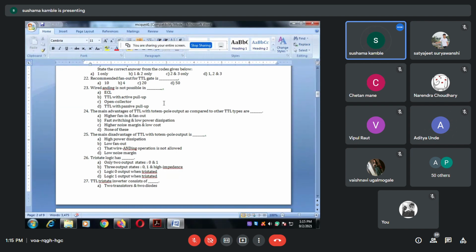Wire ending is only possible in case of open collector. Open collector जब रहता है तभी वायर एंडिंग करते हैं हम लोग.